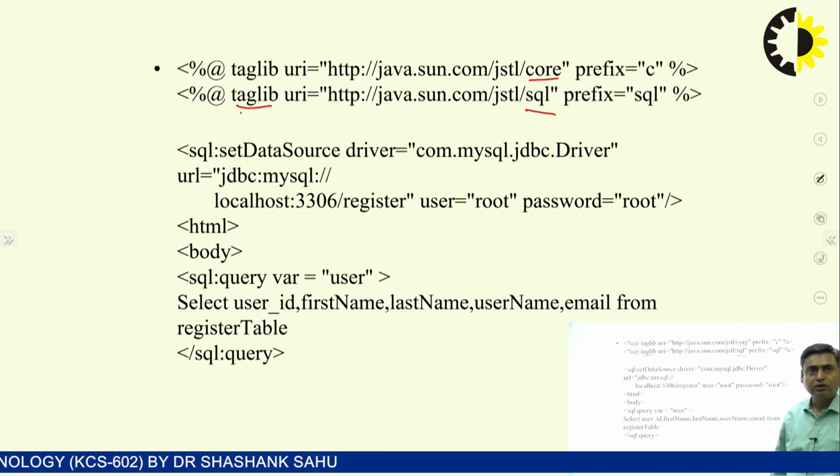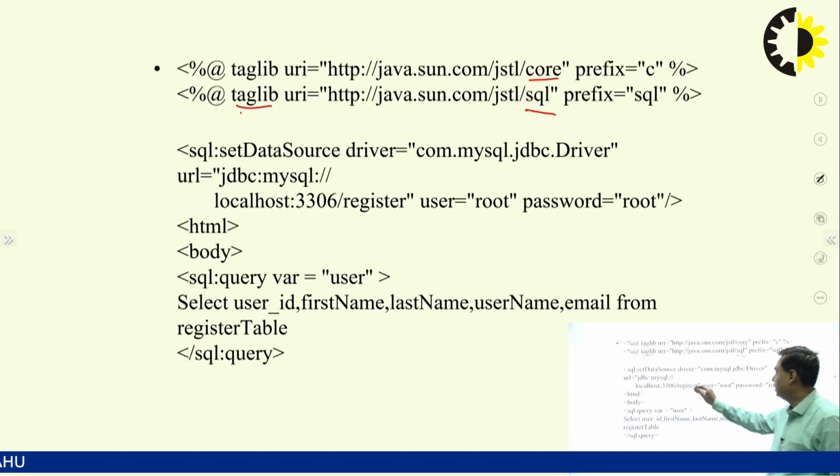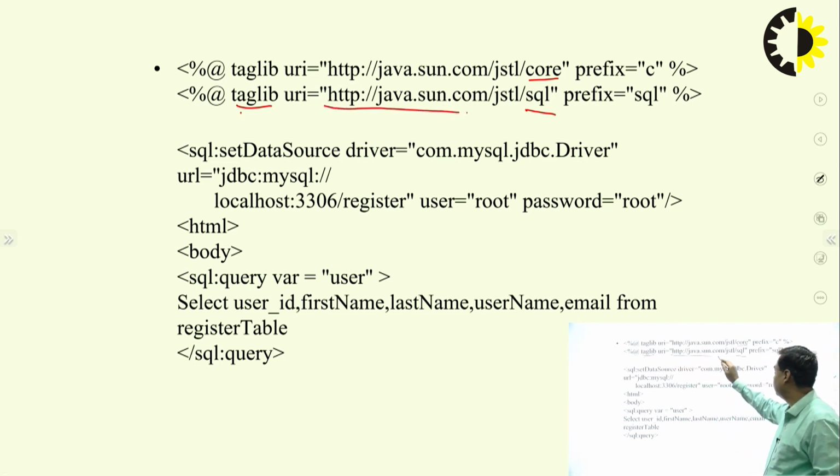For example, suppose we are going to use the SQL JSP action tag, then in the URI you will give the name of the library. Basically, these are the TLD files. These are the external libraries that need to be included in your program if you are using the SQL JSP action tag.